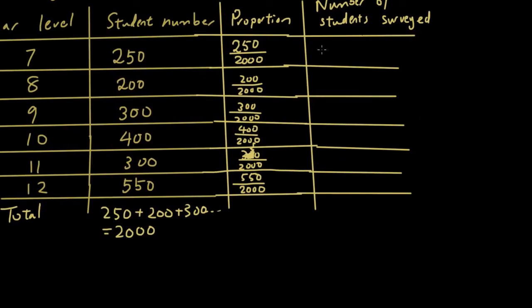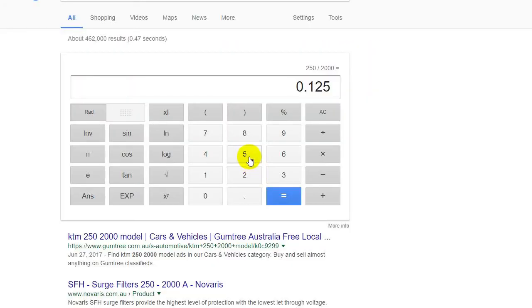So we simply go 50 multiplied by the fraction of students in that year level. So 50 times 250 over 2,000.